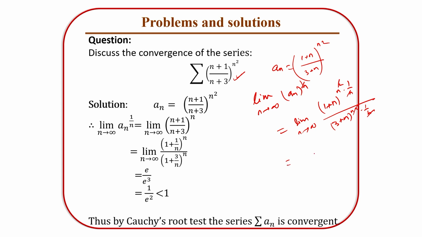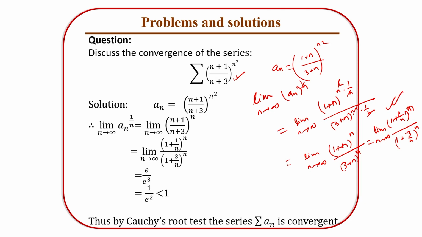So this will give you limit n tends to infinity. In the numerator we have (1 plus n) power n, sorry, 1 plus 1 by n, divided by (3 plus n) power n. This can be written as limit n tends to infinity (1 plus 1 by n) power n divided by (1 plus 3 by n) power n.